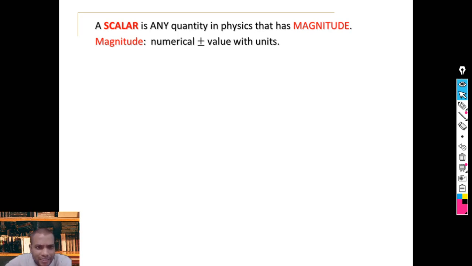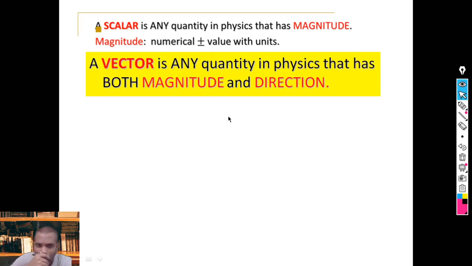And what is your weight? Maybe 60. That 60 itself is a number. So a scalar is a physical quantity which represents only magnitude, just like height, weight. But a vector is any quantity in physics that has both magnitude and direction.